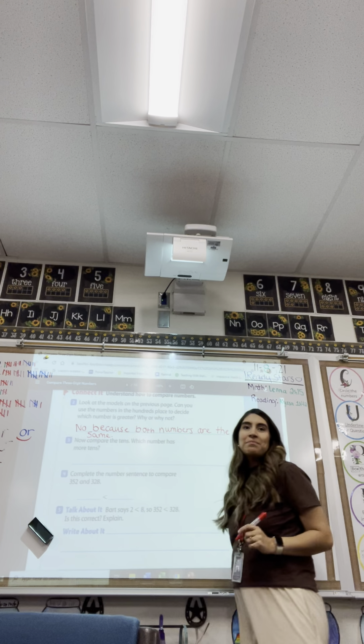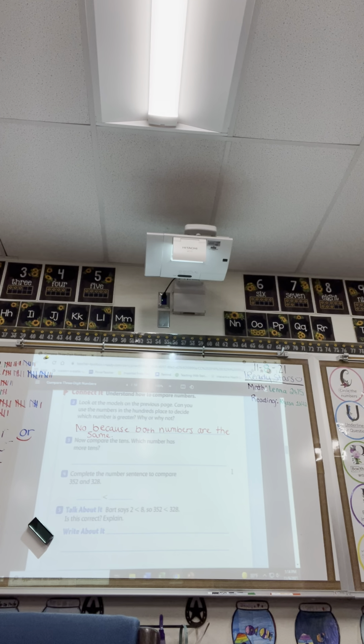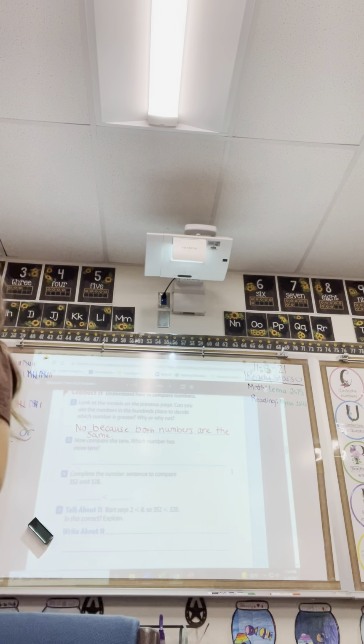We can't compare them. They're both the same. Look at your numbers in your hundreds. Are these the same? Yeah. So you wouldn't be able to tell which number is bigger just by looking at the hundreds, could you?